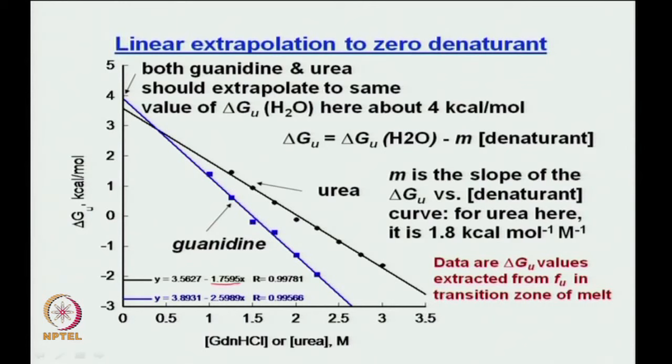So, the bottom line is that in guanidine hydrochloride, the mere fact that it is a salt will give rise to something which salts do. What is that? Ionic strength.